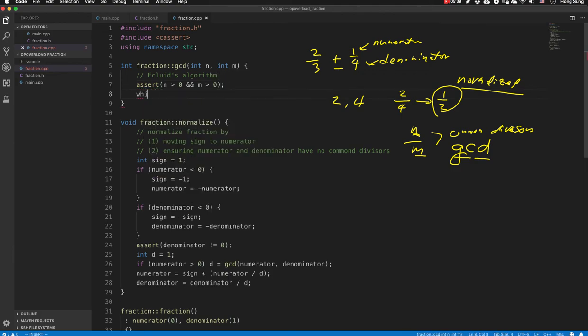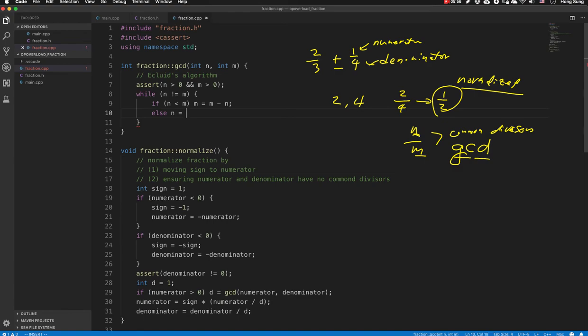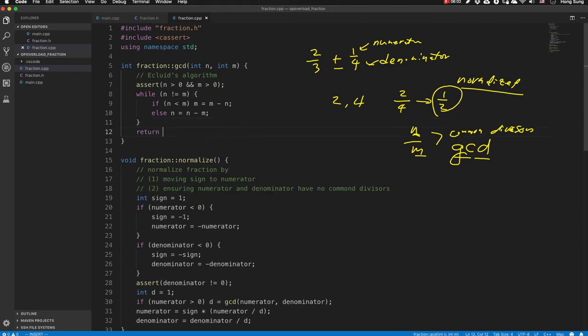So the algorithm is, you can do a Google search to find this, while n is not equal to m. What you do is if n is smaller than m, then m becomes m minus n, else n becomes n minus m. Just loop that and then return n.